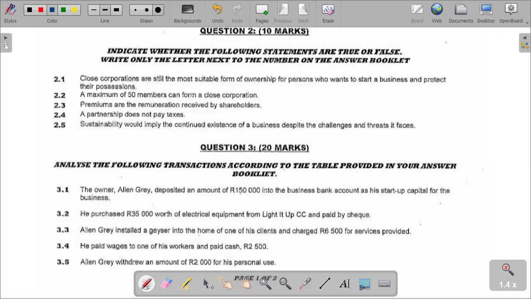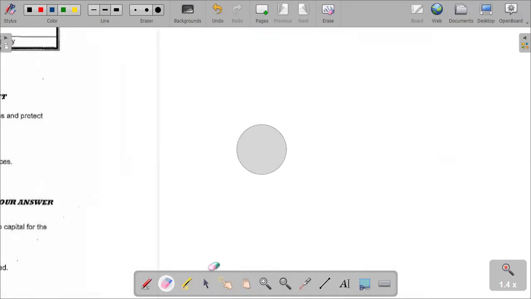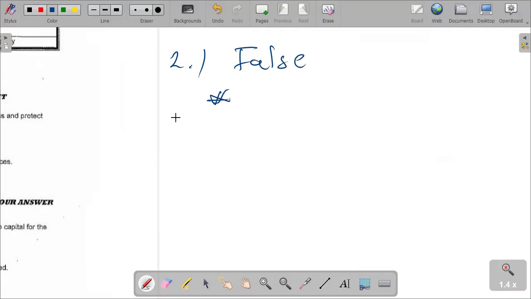So 2.1, let's quickly write it down. 2.1 will be false. You're just going to write it there, and then give an explanation as to why it's false.